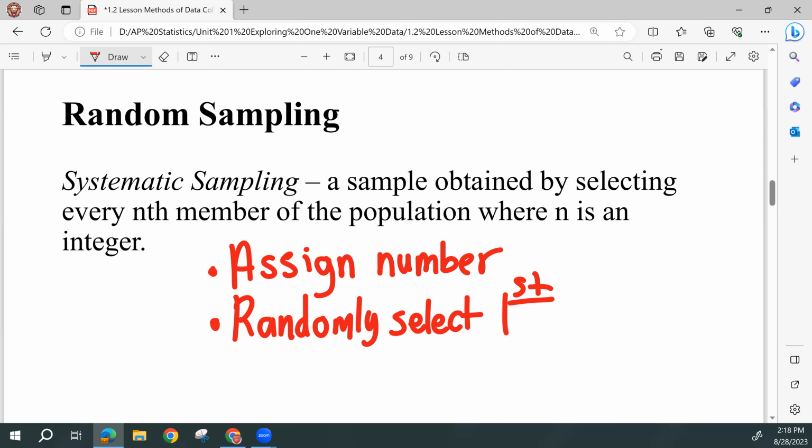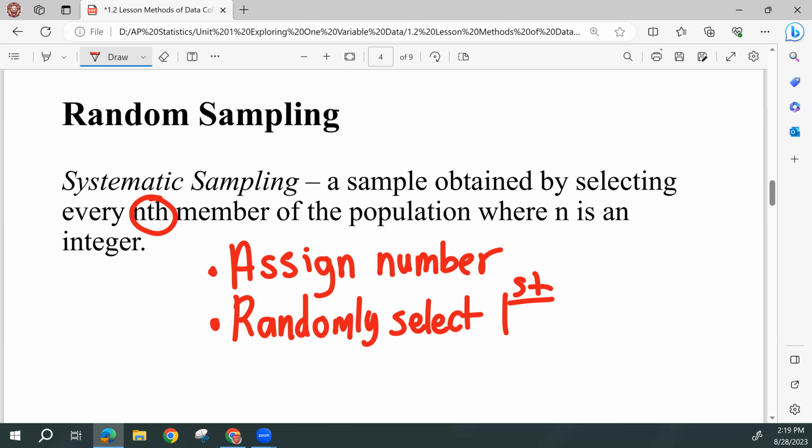So if we give everybody their 6-digit ID number, we will randomly generate one 6-digit ID number, and I'll show you how to do that on the calculator. We will survey or collect information from that individual, and then we will sample every nth member or every nth student number. So that means we choose what we want to count by.